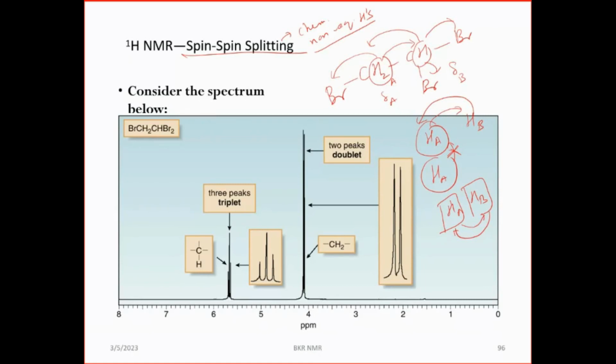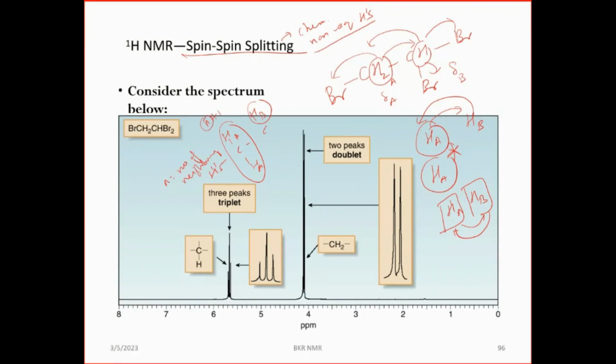Generally we say that if I have this case, I'll be having two hydrogens, and neighboring I have one hydrogen. So this is hydrogen A and hydrogen B. So the rule is the n plus 1 rule, where n is the number of neighboring hydrogens.